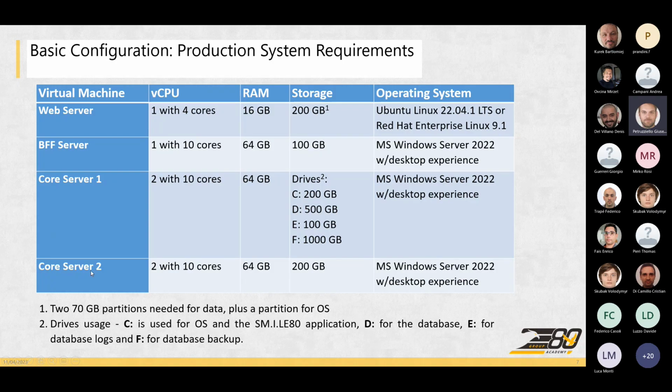Core server 2 is similar to core server 1 but used especially for services. So in this case, we have only one drive where the services and operating system are present.